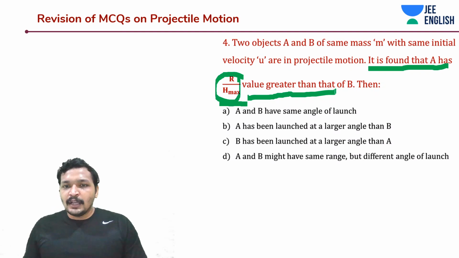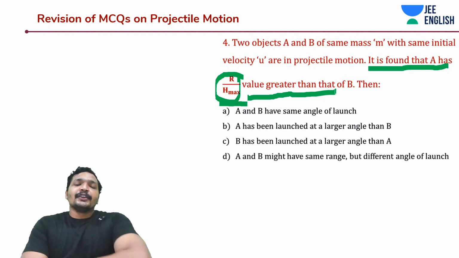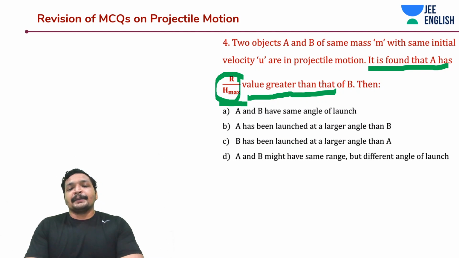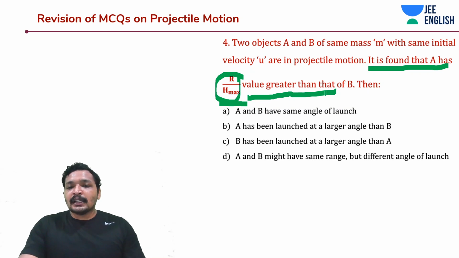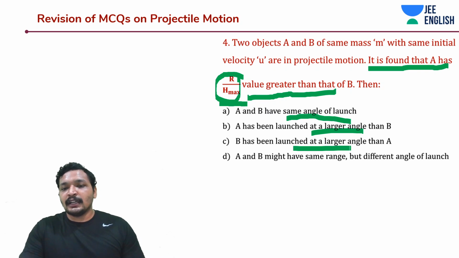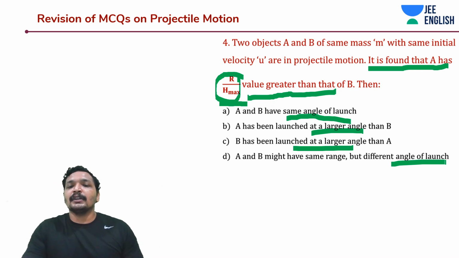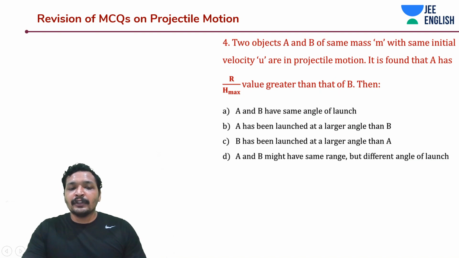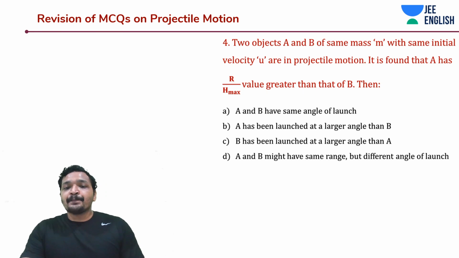So now we will work with this proportionality thing, the slope proportionality thing. This problem is concerned with the angle of launch. You see, angle of launch. We can conclude something conceptually or intuitively: r by Hmax talks about the slope, or the angle at which these objects are projected.